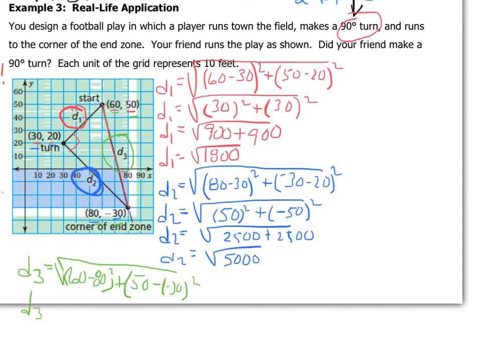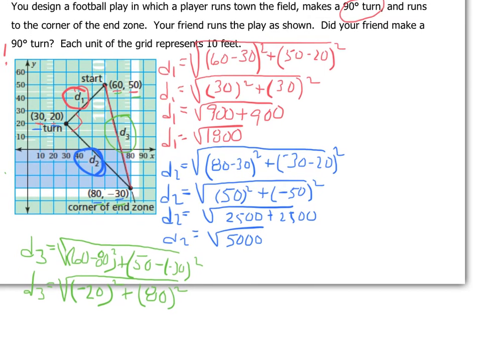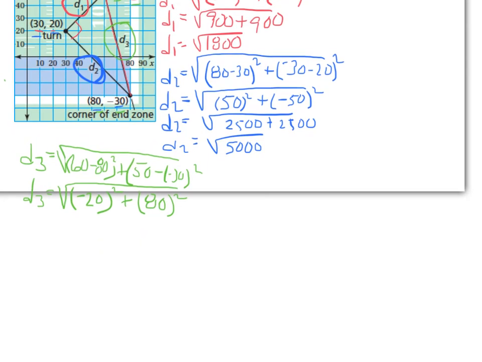So again, D3, 60 minus 80 is negative 20 squared. 50 minus negative 30 is 80 squared. Negative 20 squared is 400. 80 squared is 6400, which means our D3 is the square root of 6800.